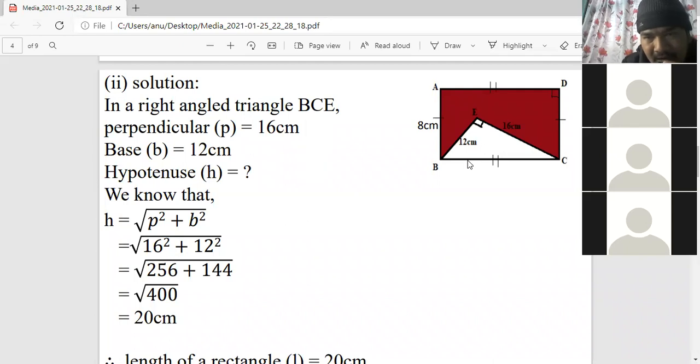And this hypotenuse is the length of the rectangle. We have got here 20 centimeter. 20 centimeter is the length of the rectangle. We find this hypotenuse and that is the length. Have you understood?